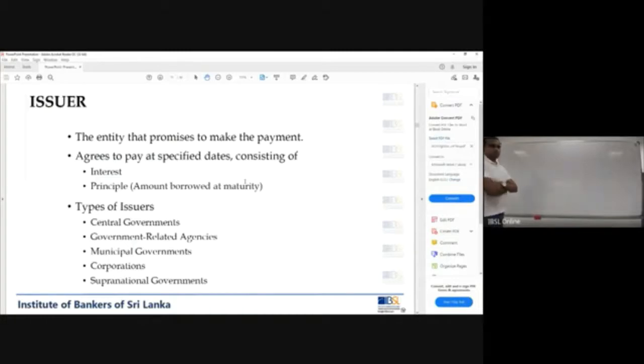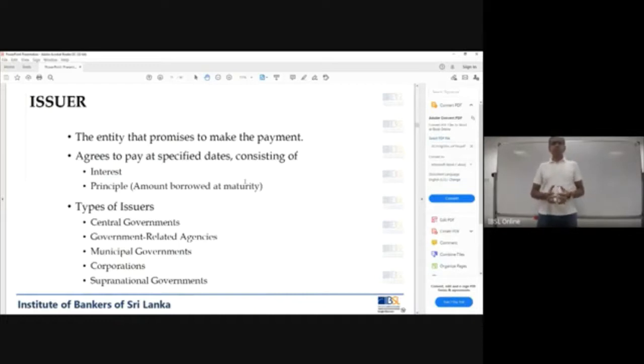Types of issuers are central governments, then related agencies of governments, municipal governments. Maybe the Colombo Municipal Council can issue their own bonds. It's not widely popular in Sri Lanka, but in the US, very popular. Municipals can issue their own bonds.